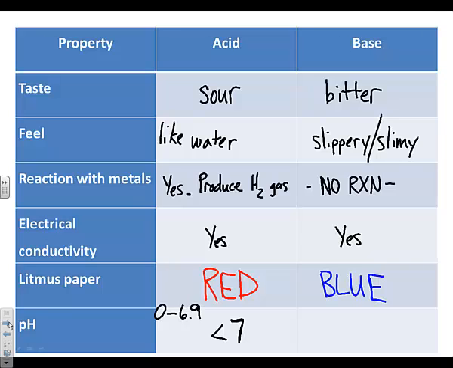Awesome. Less than 7 is the best way to remember that, though. And bases, obviously, will be anything greater than 7. So 7.1 all the way up to 14. How high does it go? I believe it goes up to 14. That's right. So the pH scale goes to 14.